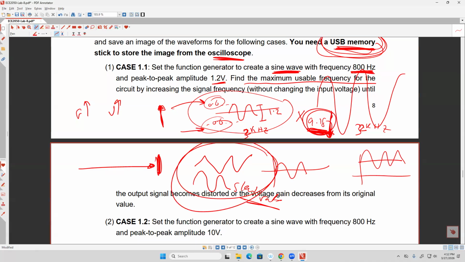I think in the past we used to have distortion first, but if you have a chip where distortion didn't happen, or even the gain is reduced, that is not the usable frequency, because I want to use a frequency that gives me the same gain, this gain, the same gain all the time.